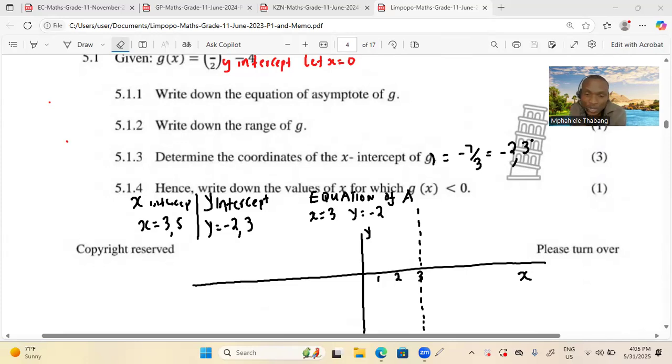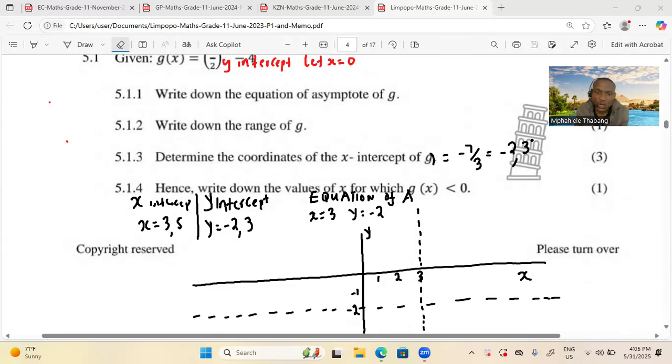So this dotted line must pass at 3. Another asymptote is the y asymptote of negative 2. So you draw a dotted line that passes the y-axis at negative 2. These are the asymptotes, guys.